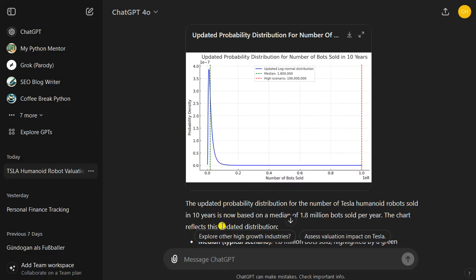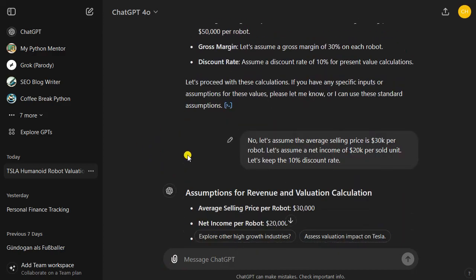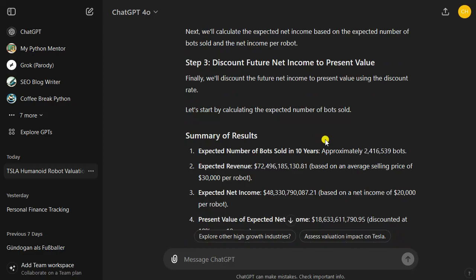And based on this probability distribution, our average number of units basically becomes 2.4 million. And so we can take these numbers literally, we don't have to hedge those numbers once again because they are already hedged through the probability distribution. So we can expect to sell 2.4 million bots in 10 years, probability adjusted, right?